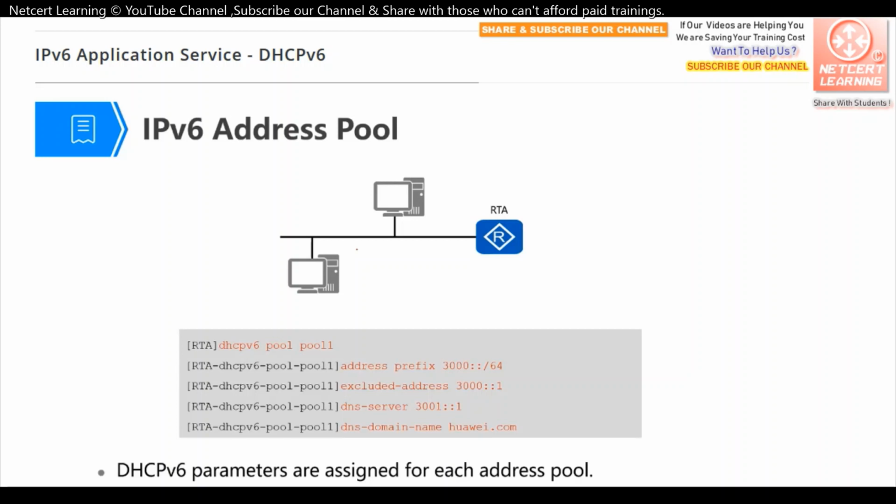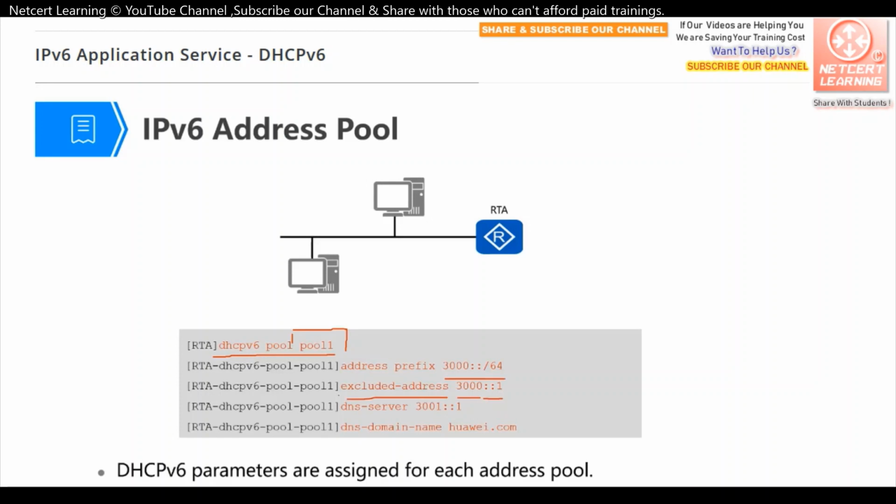And then we can configure the IPv6 address pool. On the router, router A will act as the DHCP version 6 server. So on router A, on the server, first we create the version 6 pool, named pool 1. And we configure the address prefix 3000::/64.